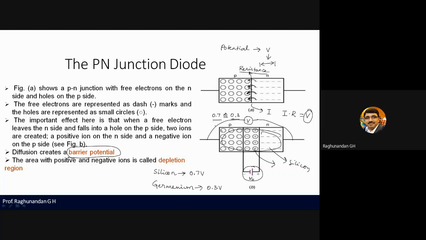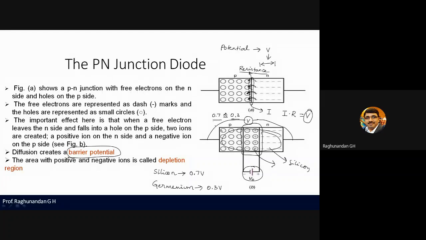After that, it cannot move further unless you give some external force. Because of this, we had a depletion layer of this much, and it has become this much because of ionization. They have got converted into ions, and because of these ions the depletion layer is increased.